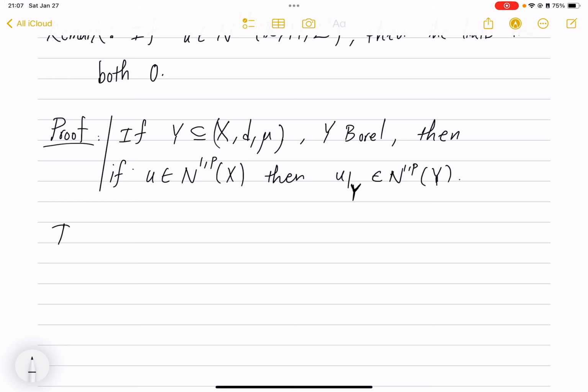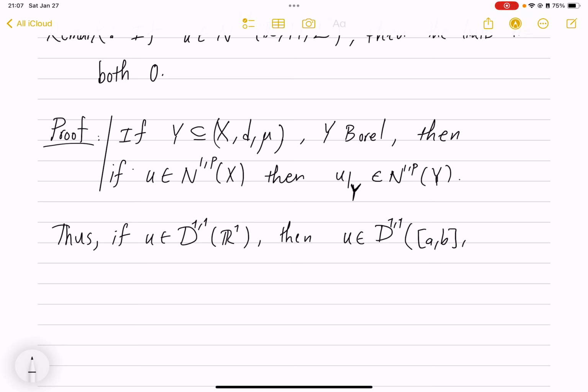So this is a general observation. If we apply it in our case, thus, if u is in D^{1,1} of R^1, then u belongs to D^{1,1} of any compact interval. Okay. So this proof similarly works, of course, for D^{1,p}. It's all about the upper gradient.